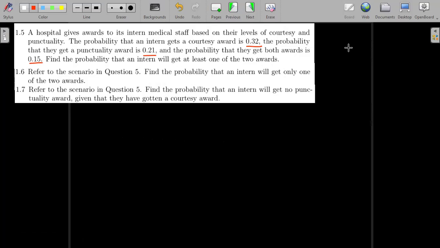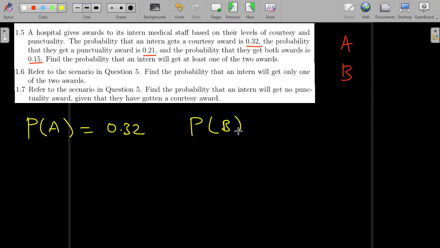So we'll say let the event that they get a courtesy award be A, and let the event that they get an award for punctuality be B. According to what we've been given, the probability of getting a courtesy award is 0.32, the probability of getting a punctuality award is 0.21, and the probability of getting both, which just means the intersection, is equal to 0.15.